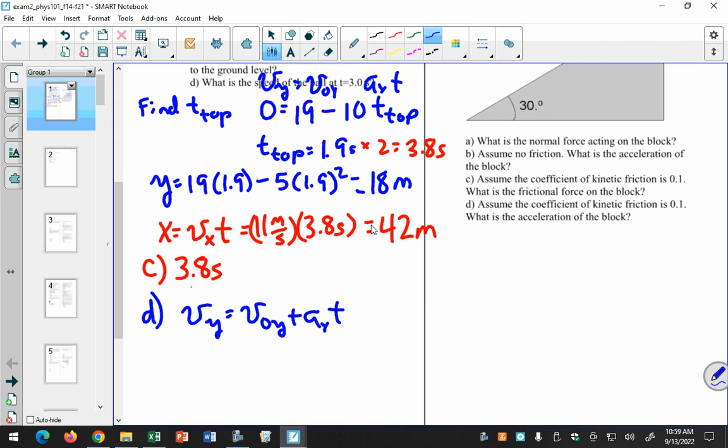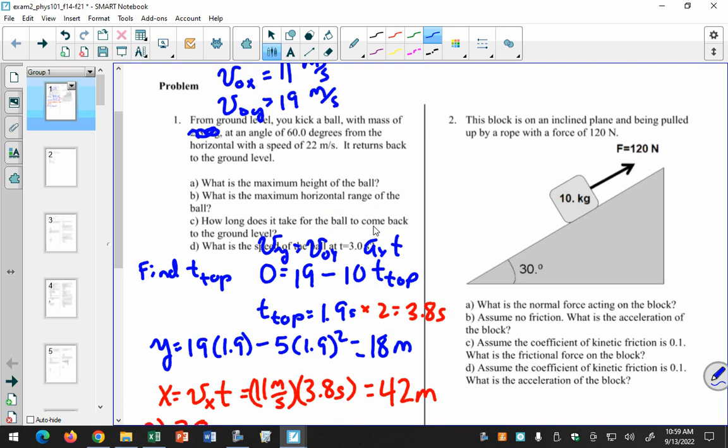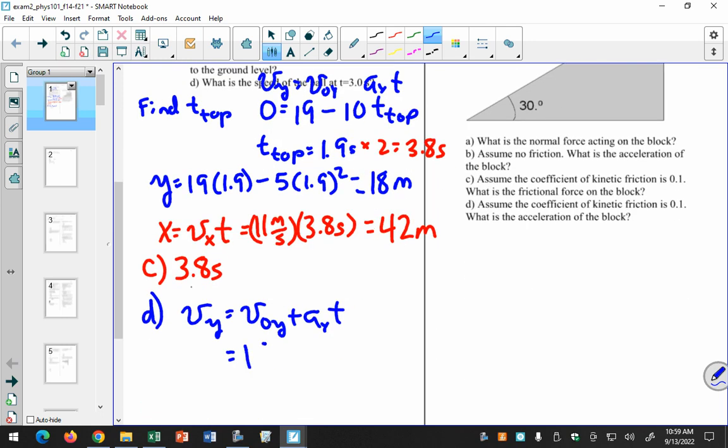That's going to be 19 minus 10 times 3, which is what? 19 minus 30. Negative 11, yeah, thank you, Austin. Yeah, negative 11 meters per second.